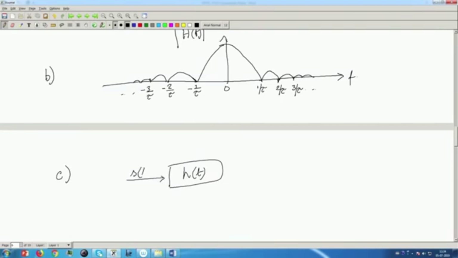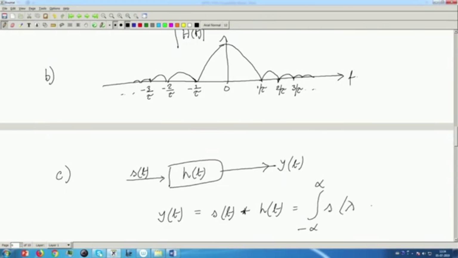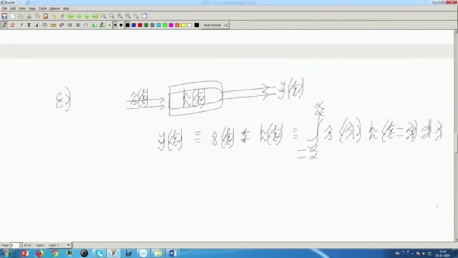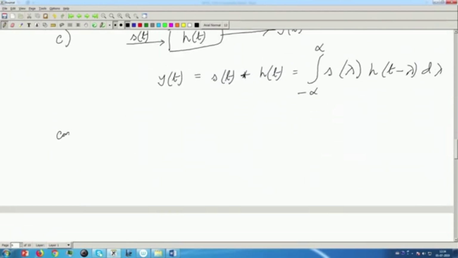So, s(t) is given, h(t) we now know, and we will have to find y(t). So, y(t) is s(t) convolved with h(t). We know what convolution is: the integral from minus infinity to infinity of s(lambda) h(t minus lambda) d lambda.